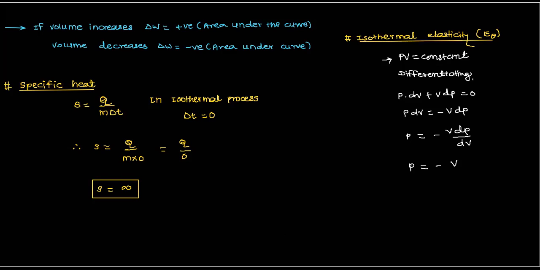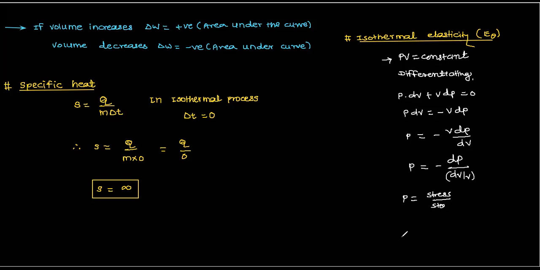So let me keep this dP upside, and this dV I am transferring down. So I get P is equal to minus dP divided by dV by V, and that is equal to stress by strain.